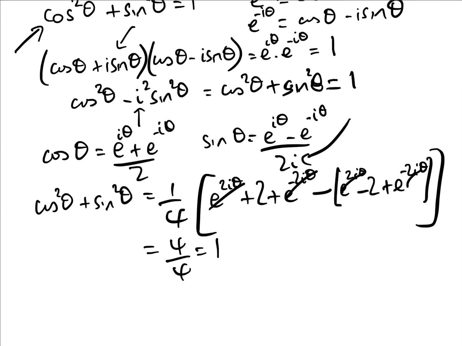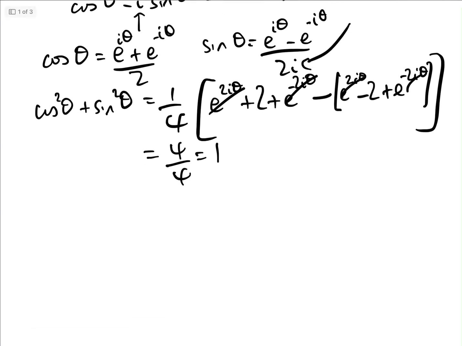So those are 2 ways that we can prove that cos squared theta add sine squared theta equals 1 is also true for complex numbers. Let's just do another couple.